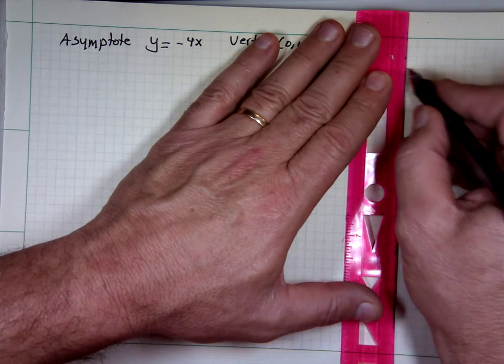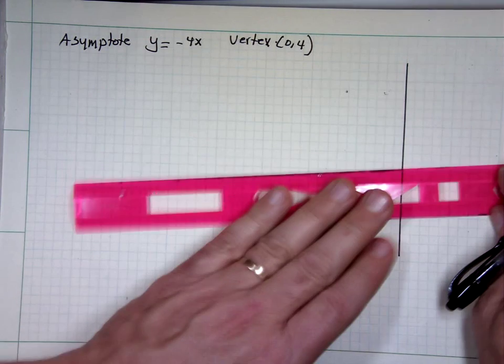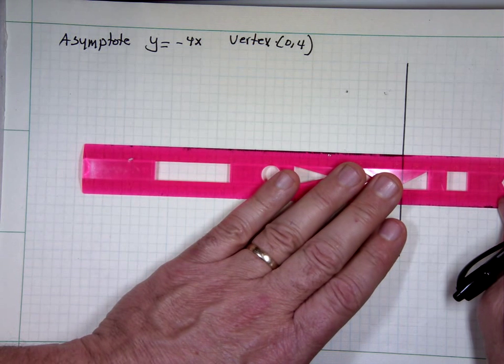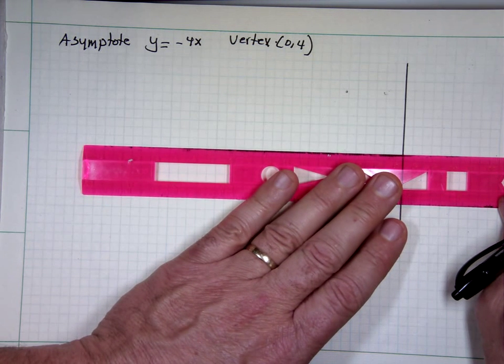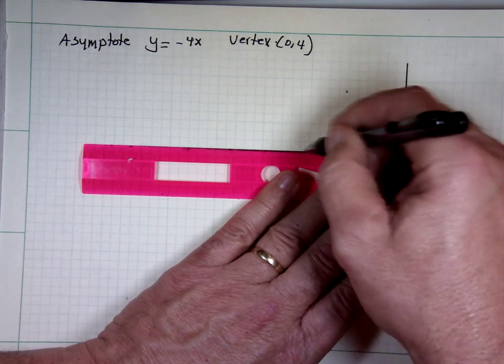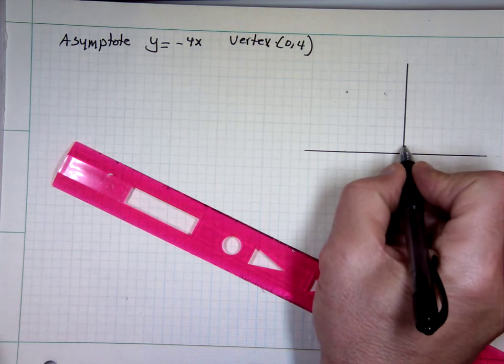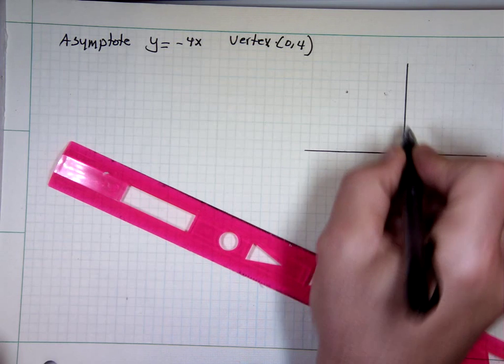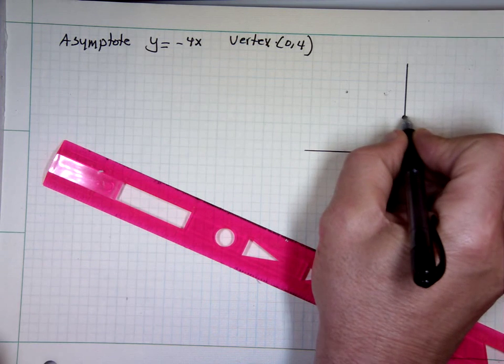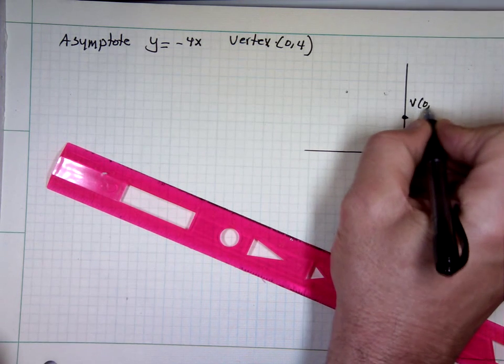I can tell you what the graph looks like, then I'll come up with the equation. Where's my vertex? 0, comma 4. 1, 2, 3, 4. That's the vertex. That tells me it's up and down immediately.